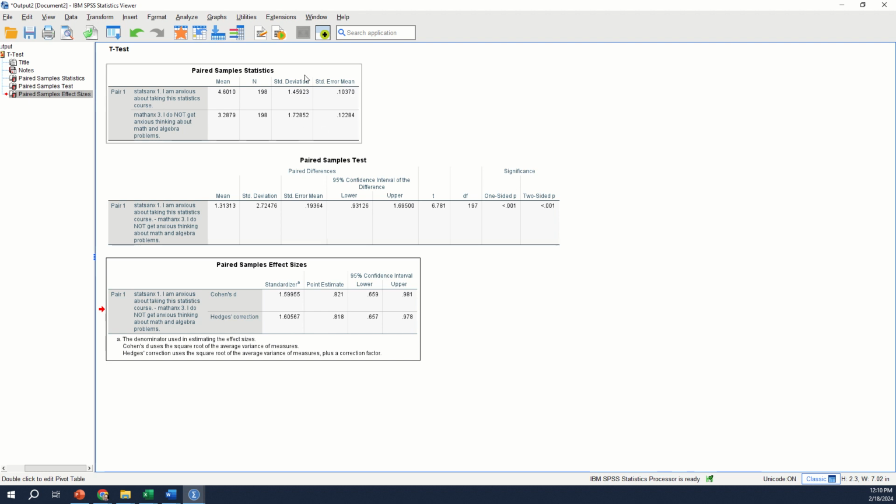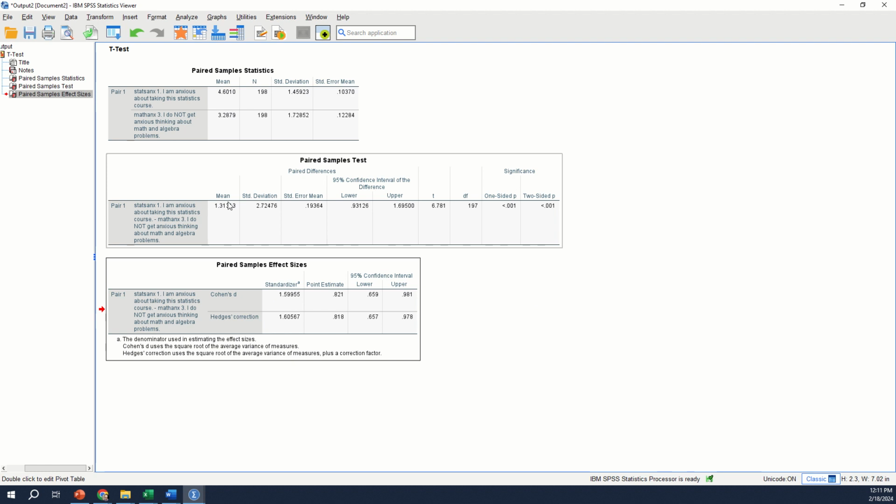So SPSS is pooling or averaging the standard deviations for each outcome to create a pooled standard deviation. If we take 1.46 and 1.73 and average those standard deviations, we'll get 1.6, essentially. So the number in the Cohen's d row under standardizer is the pooled standard deviation.